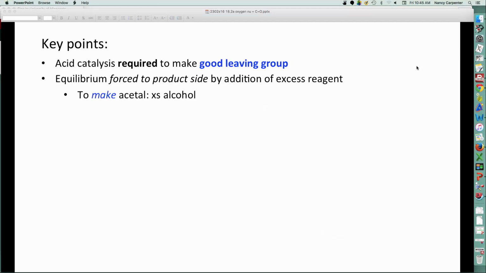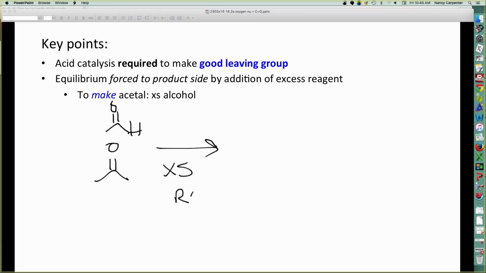So, if you want to make the acetal or ketal, you are basically starting with an aldehyde or a ketone, and adding a huge excess of an alcohol to make your acetal.